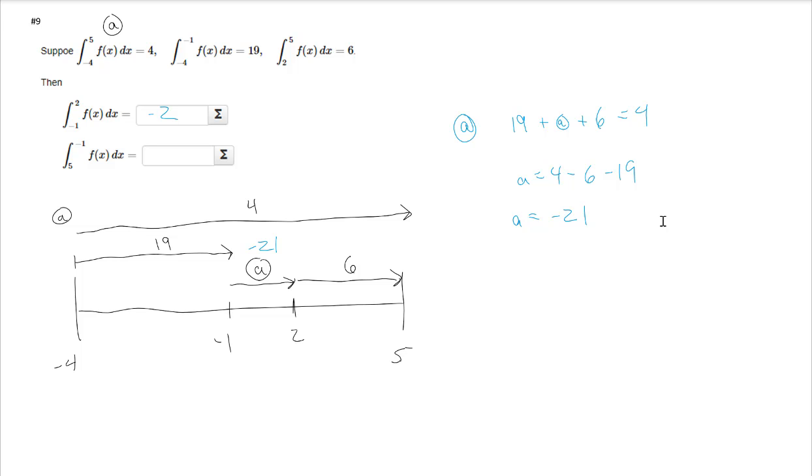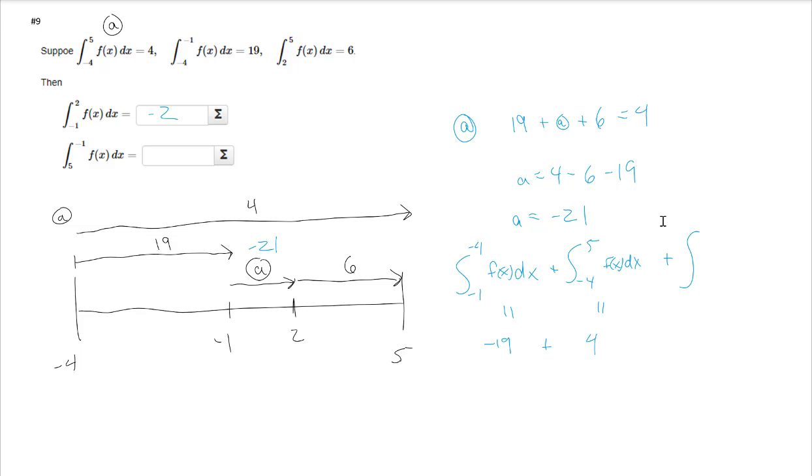Now, another way that we could have solved that is we know that the integral from -1 to -4 of f of x dx is equal to -19 if we flip it. And if we add to that the integral from -4 to 5 of f of x dx, we know that that is 4.